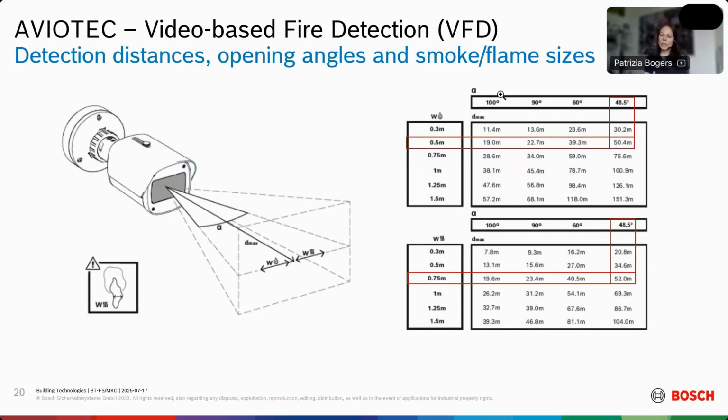It means the camera needs to have a direct sight on the area to be monitored. Any obstacle in between needs to be considered when it comes to a proper installation concept. So bi-directional positioning of the cameras might be a solution to overcome possible obstacles in the field of view.